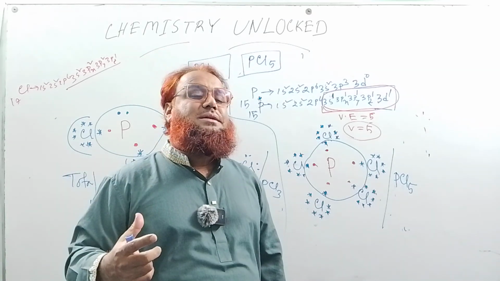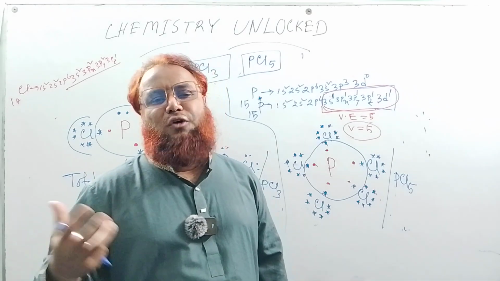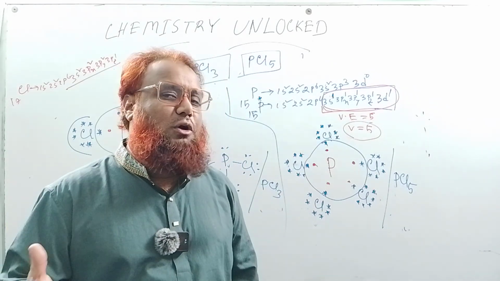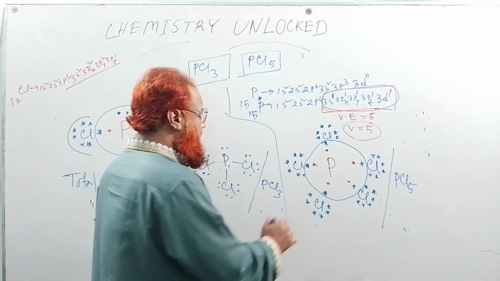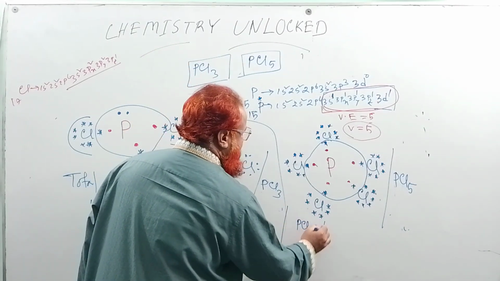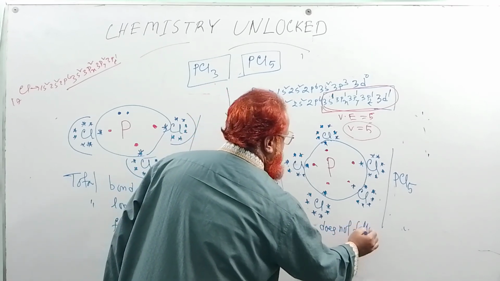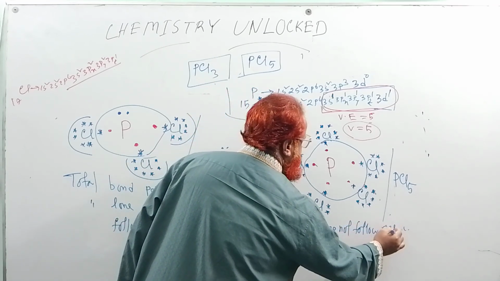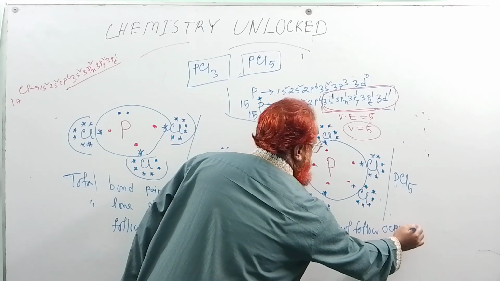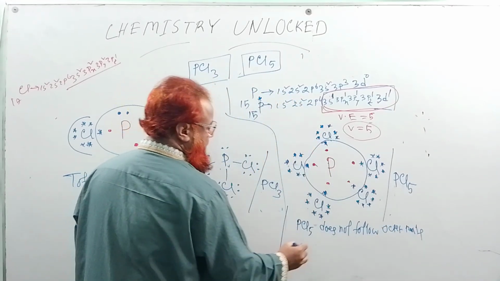It means it deviates from the octet rule, that means the octet rule is not followed by that compound. So PCl5 does not follow the octet rule, but follows the duet rule.